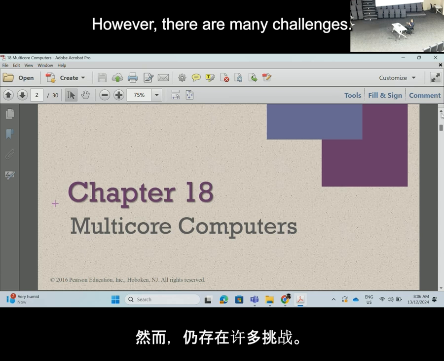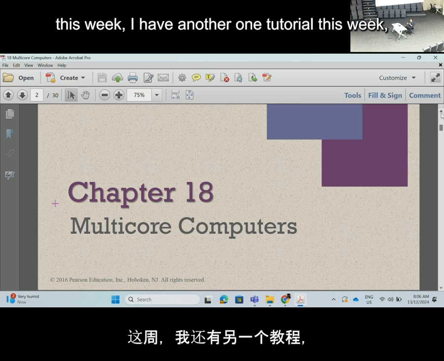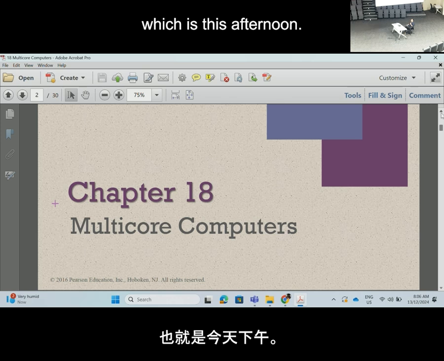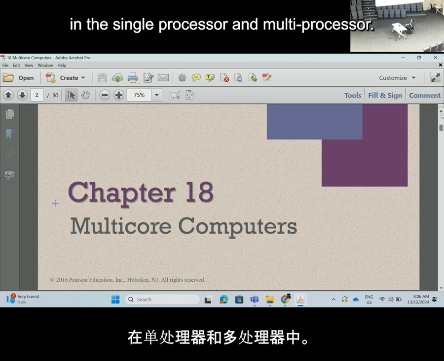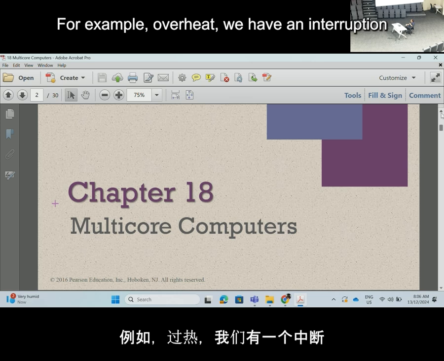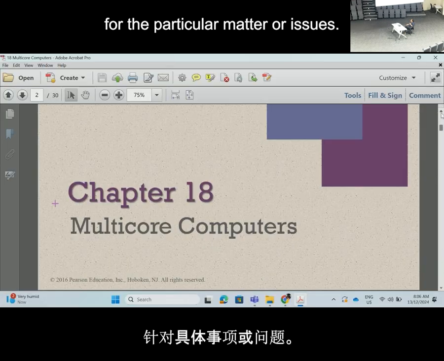However, there are many challenges, as we discussed in the tutorial this week. I have another tutorial this week, this afternoon. We discussed the challenges in the single processor and multiprocessor, for example overheating, interruption, and how to handle the solution and challenge for the particular issues.